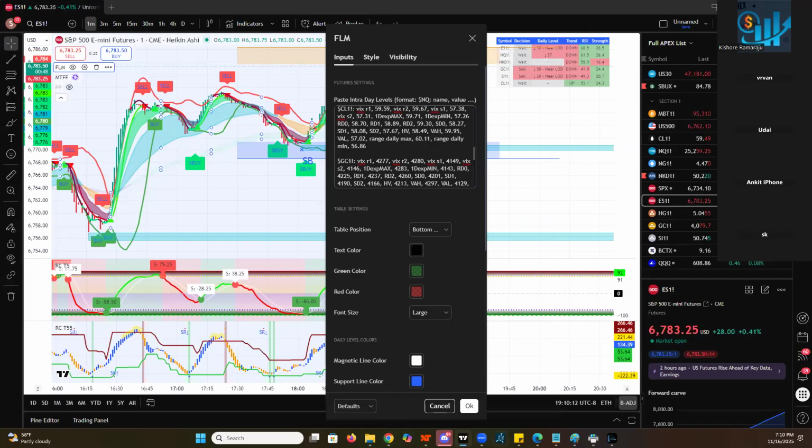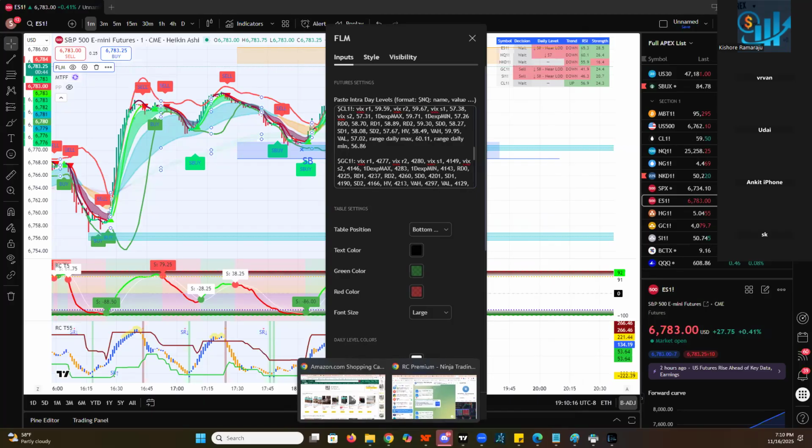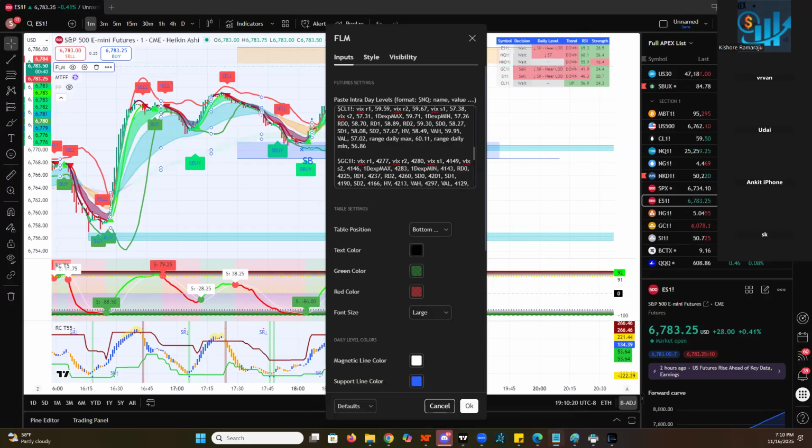You are using some old file. November 13th only, right? No, 14th. Okay, 14th. Open the November 14 file. If you copy paste, then you will see all the levels.